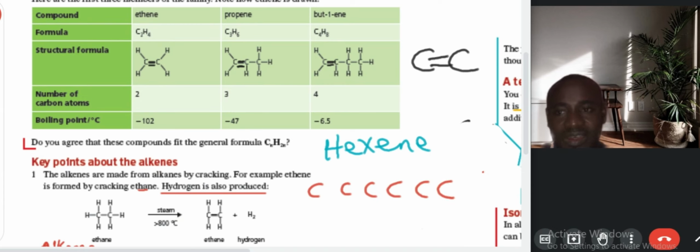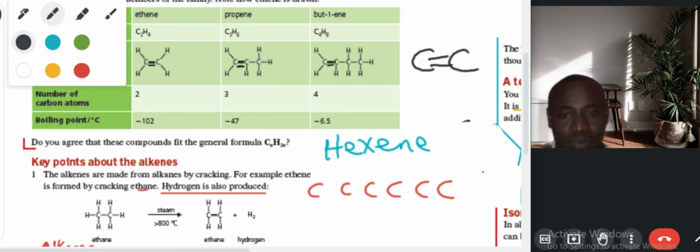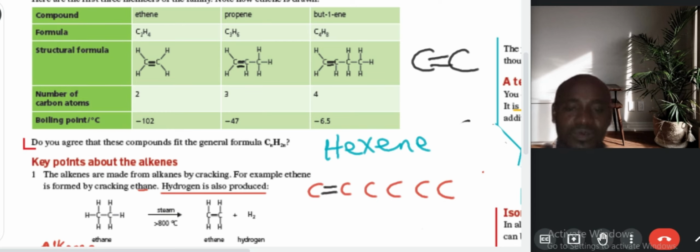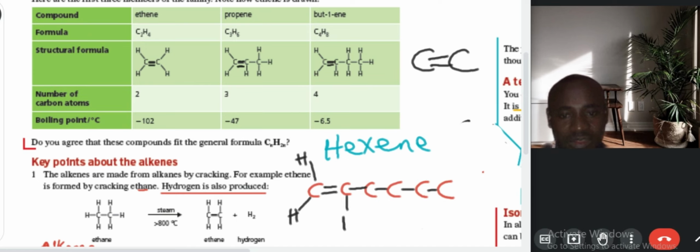The first two will form a double bond, as I already told you. The rest are single bonds. And then you begin to represent the hydrogen atoms. If you notice, the second carbon atom will not have any hydrogen on the upper part of it for propene, butene, and so on.